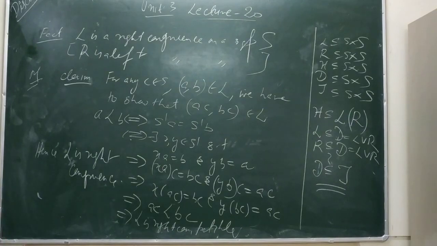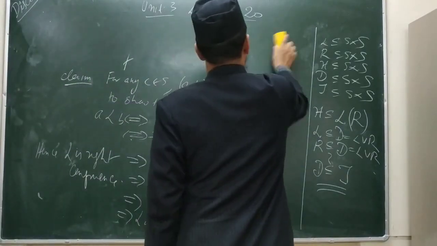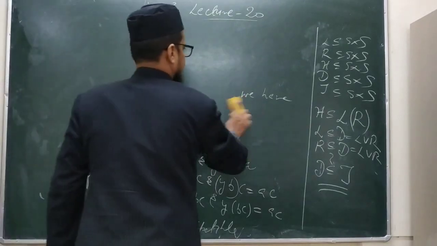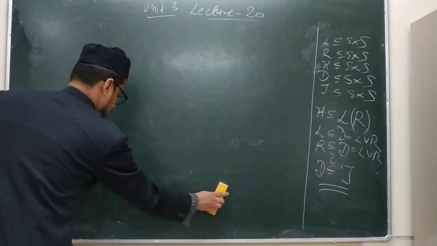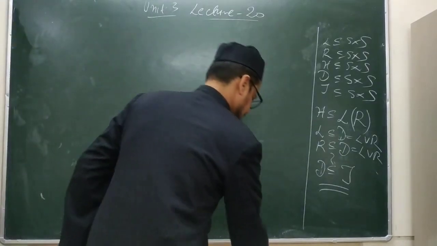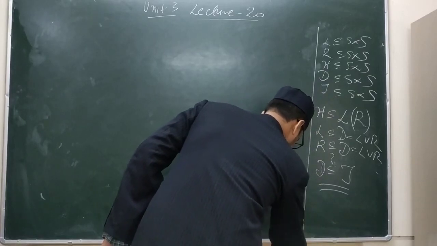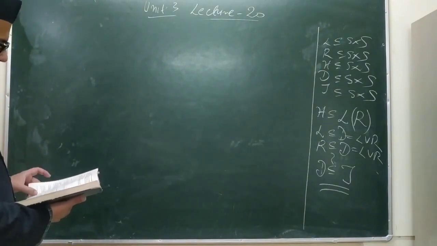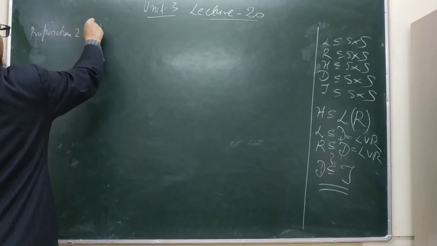Now I left R as the left congruence on semigroup S. Now this was basically proposition 2.12, which I have proved. Now I will do proposition 2.13.